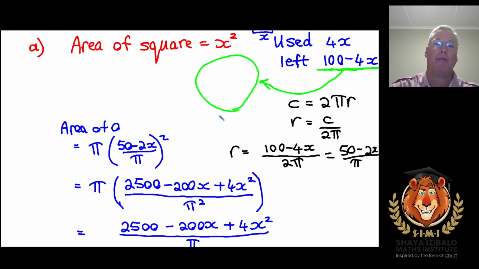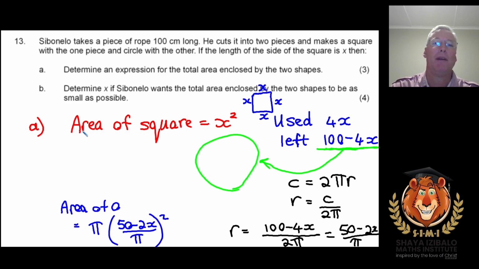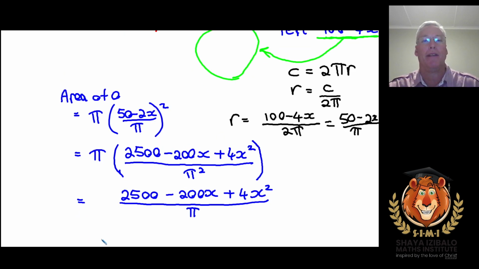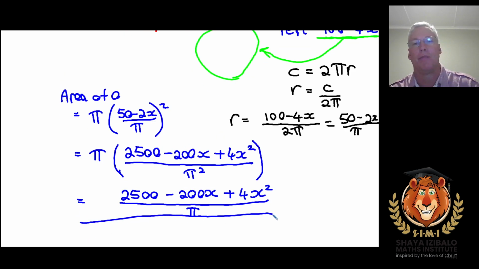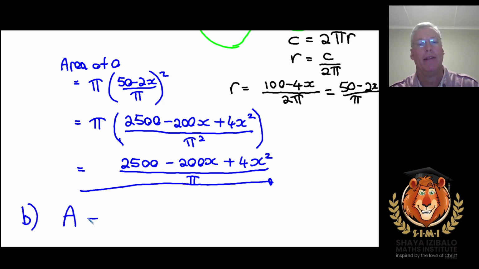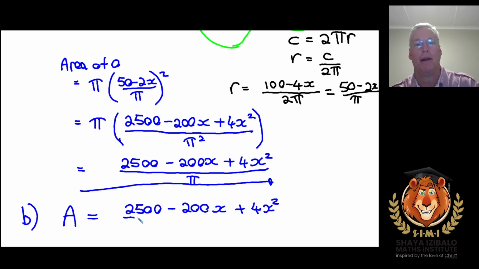Right, so that's the area of the circle. Part B of the question says determine x if Sibonelo wants the total area to be as small as possible. Right, now the secret to this is to get an expression for the total area. So the total area, which I'm going to call big A, that's going to be the area of the circle, which we've got here, 2500 minus 200x plus 4x squared all over pi.